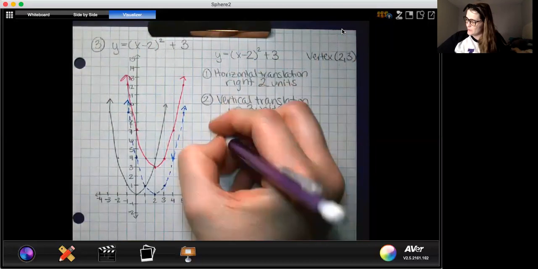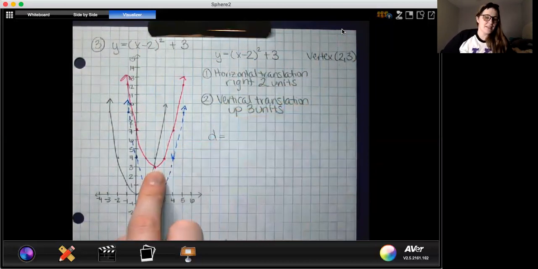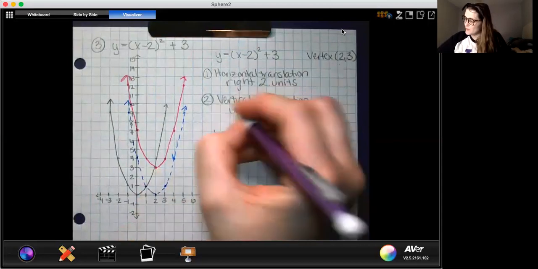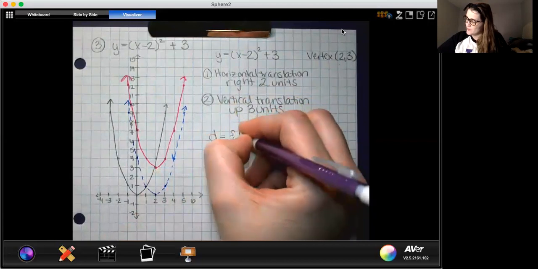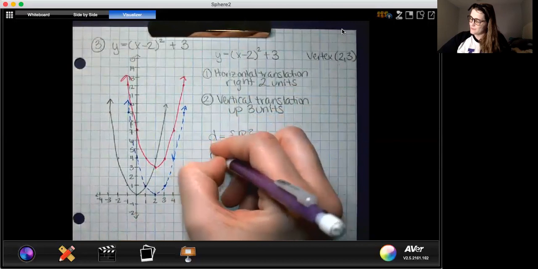Okay, let's look at that domain and range. Okay, domain, any restrictions on the x value? Sure not. Any x value I want to substitute or find or move, I can do so. Therefore, domain is all real numbers. Now let's look at range.